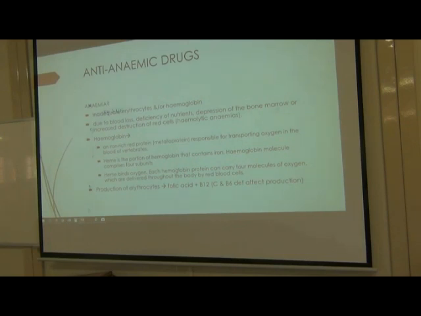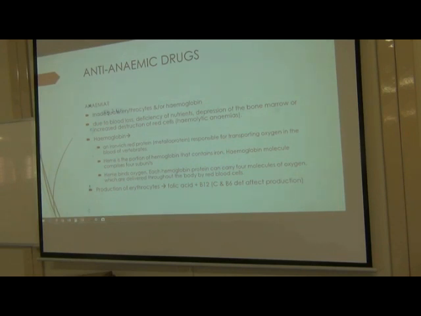Okay? Oxygen binds to the iron in hemoglobin to form oxyhemoglobin. So that is how the blood is able to carry oxygen, because the red blood cells contain hemoglobin, which is an iron-rich red protein that oxygen can bind to form oxyhemoglobin.